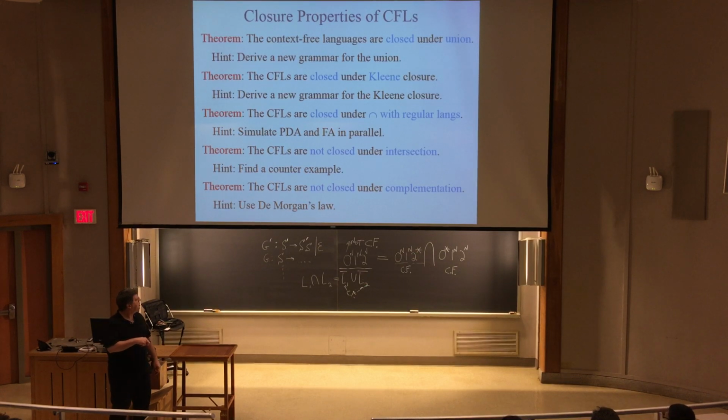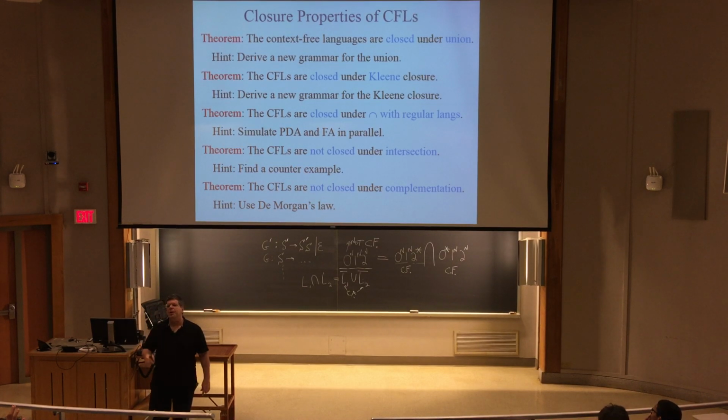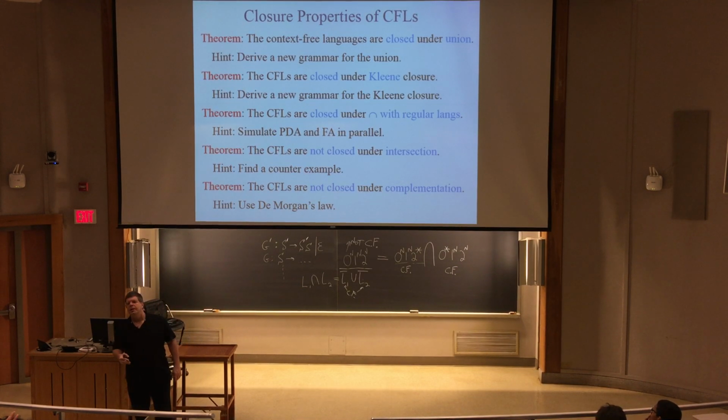What can you tell me about preservation of that property under union or intersection? What can you say in general now? If I'm telling you the intersection preserves the property, what can you say about union or complement?